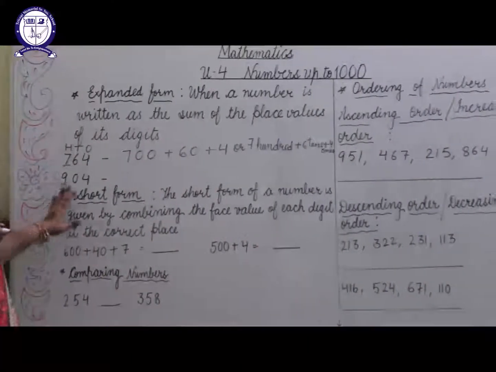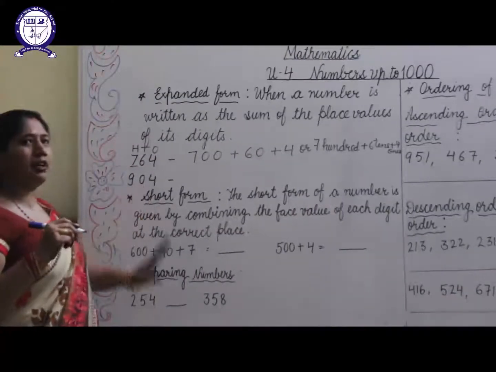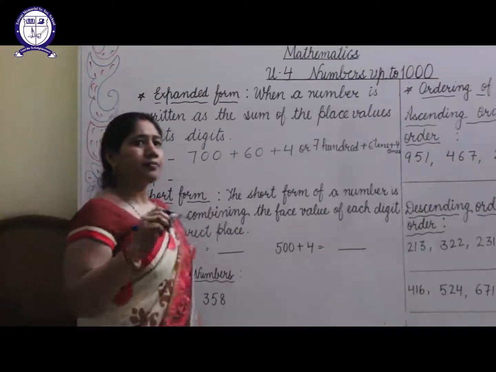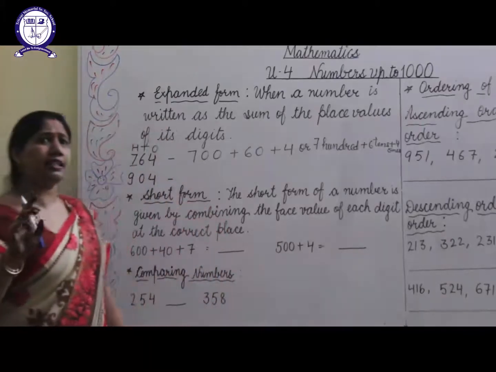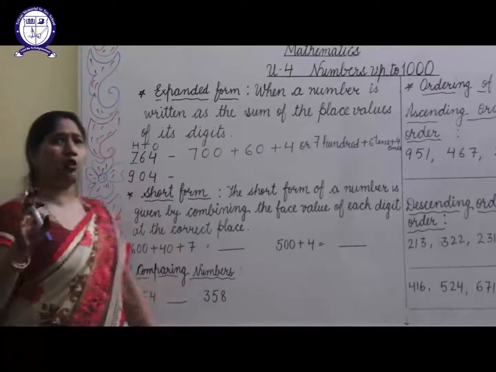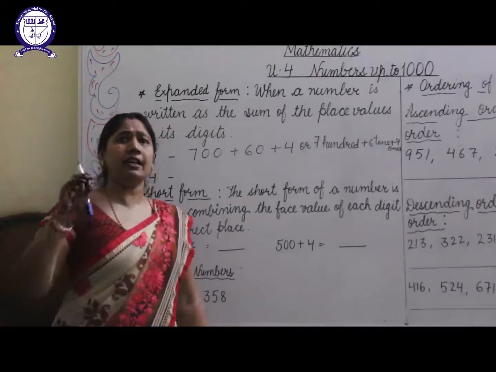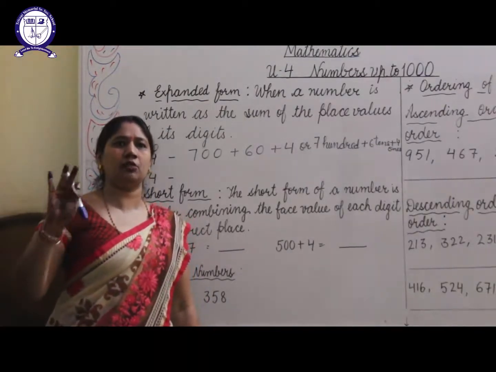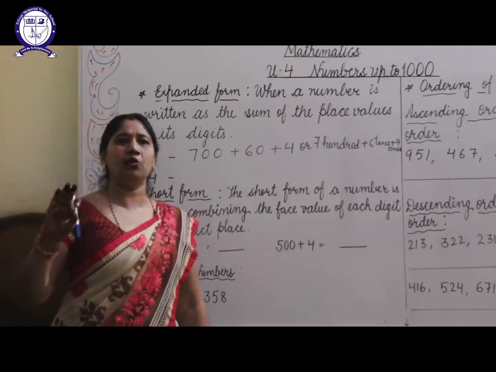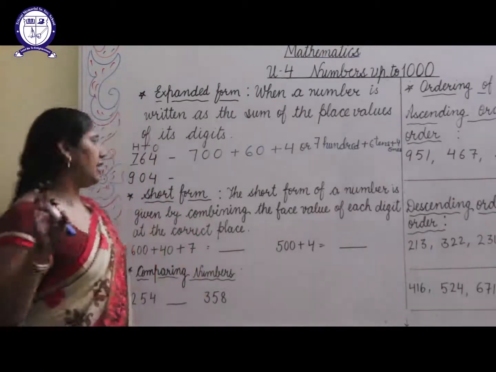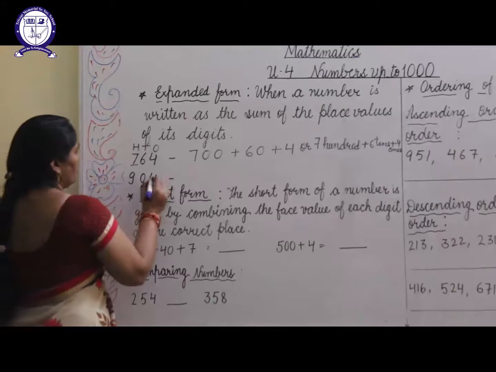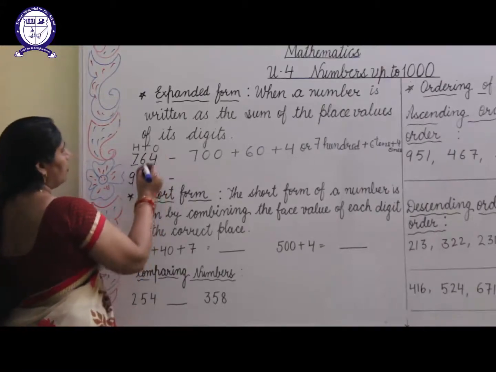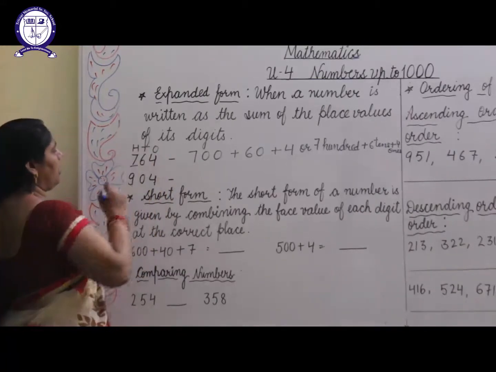Now come to the next example, 904. Students, listen carefully, that is the main point. 0 is always 0 when it is in any place, whether on the ones place, the tens place, or the 100 place. The place value of 0 is always 0. So 4 is on the ones place, 0 is on the tens place, and 9 is on the 100 place.